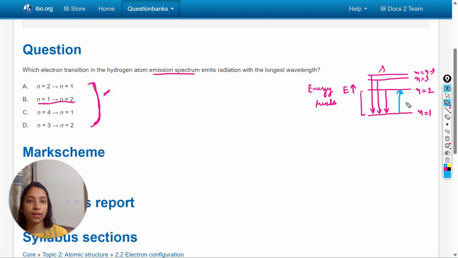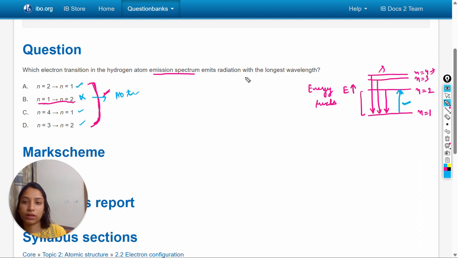So in this case it will absorb the photon. So this is the absorption transition, and so this will be the wrong option. Right? So now we will compare these options A, C and D.